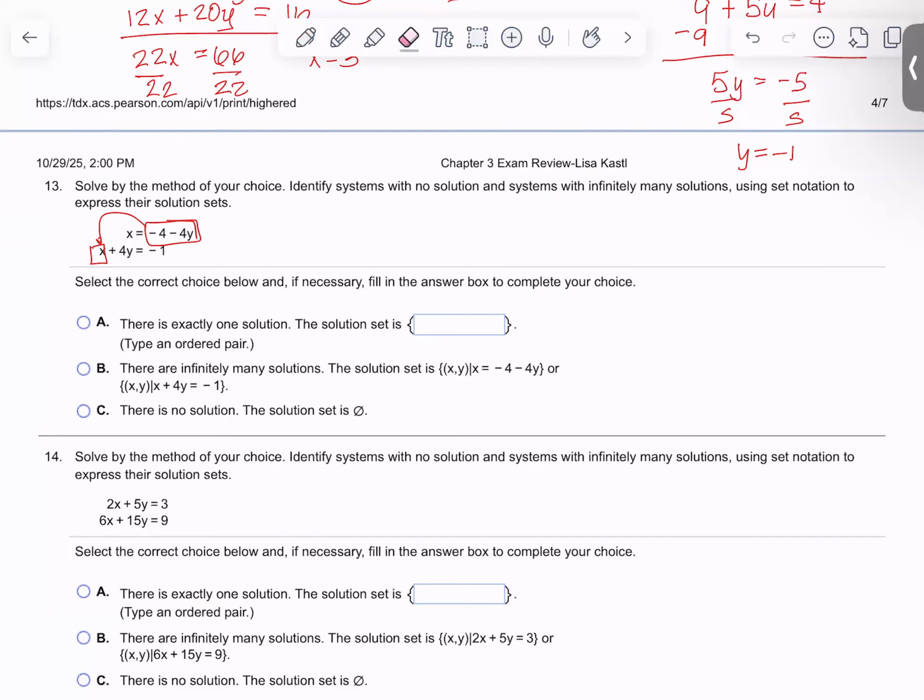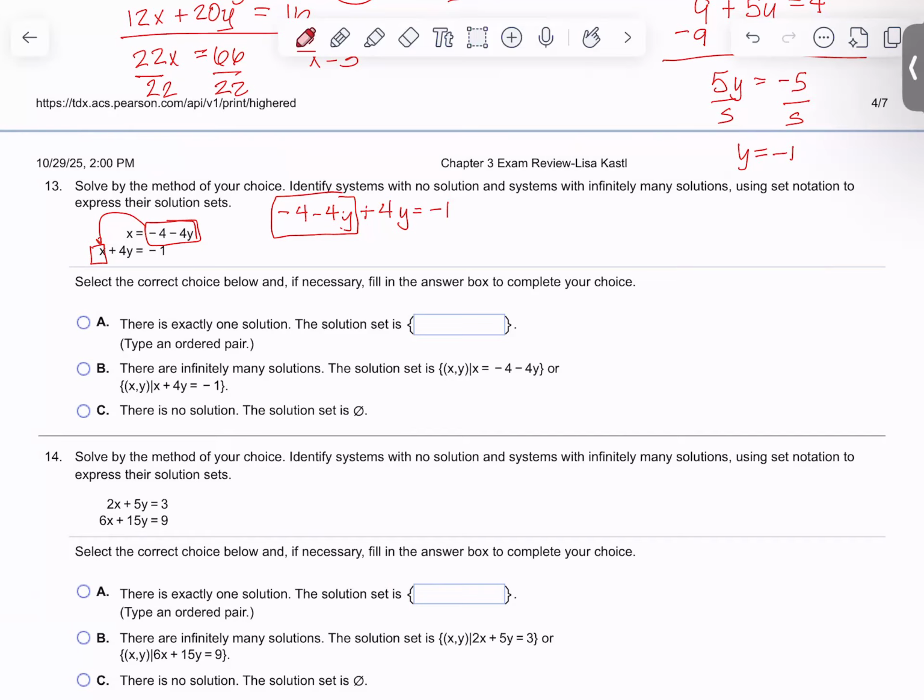So I have -4 minus 4y plus 4y is -1. So what I did is this right here is the expression for x. I replaced x in the second equation with that expression.